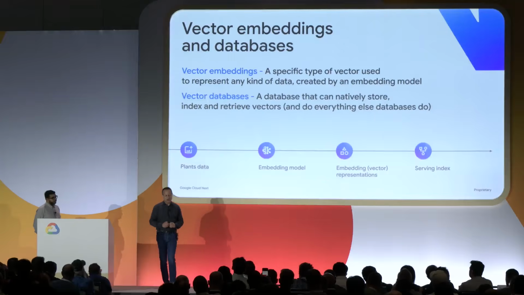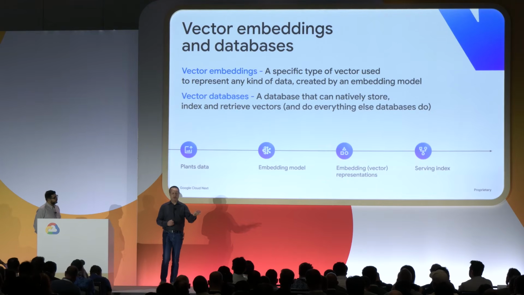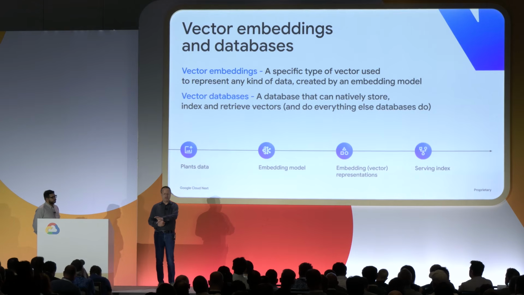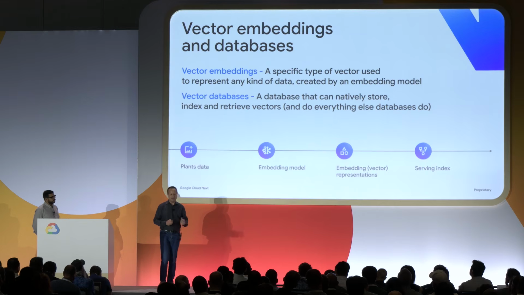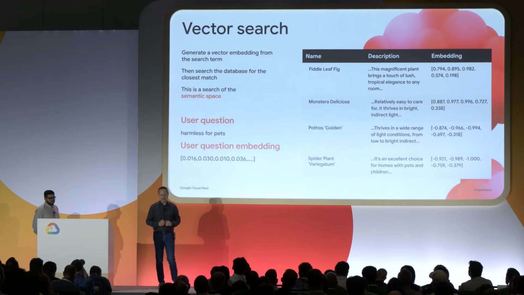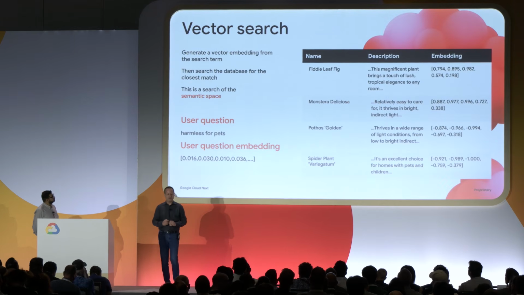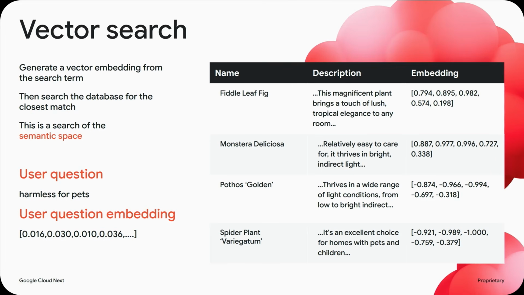So we took the plants' information from our application, created vector embeddings, and stored those inside our AlloyDB database in this case. Every vector is just a long list of numbers. These are obviously not the real embeddings, because the real ones would be much longer.